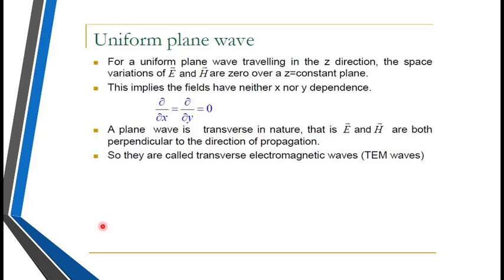So Ex exists, Ey exists, Hx exists, Hy exists, but dou by dou x and dou by dou y are equal to 0. Such a plane wave is called a transverse wave, that is transverse in nature. That is, E bar and H bar both are perpendicular to the direction of propagation. So they are called TEM waves, that is transverse electromagnetic waves.